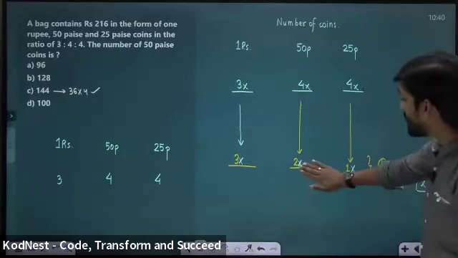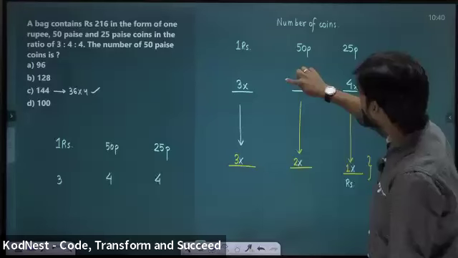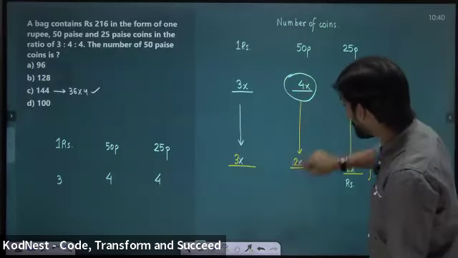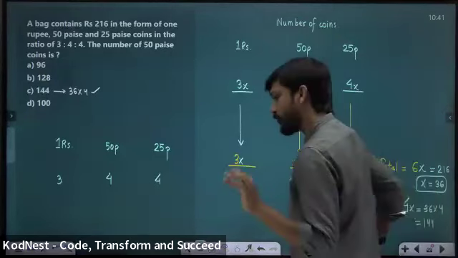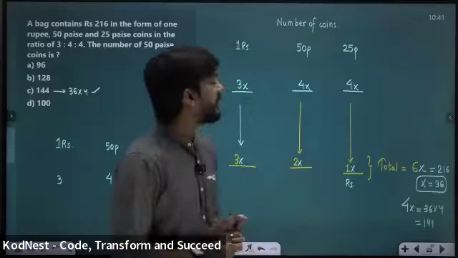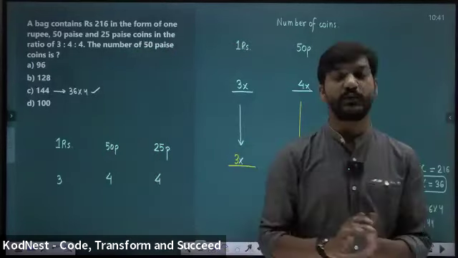This is not a number, this is rupees. They are asking the number of coins. So the number of coins is 4x. 4x is 36 into 4, 144. So 144 coins of 50 paise type. So 144 is your answer this way.